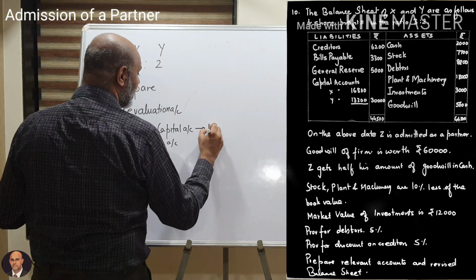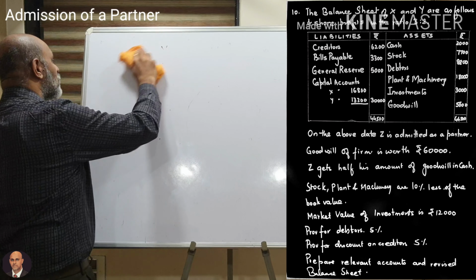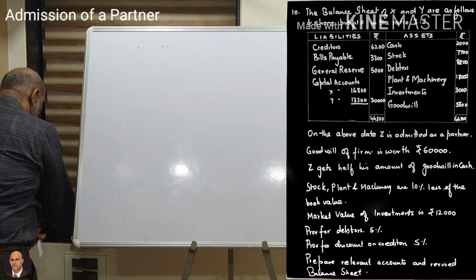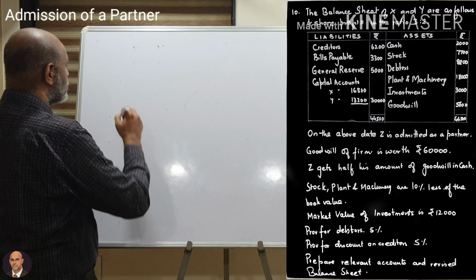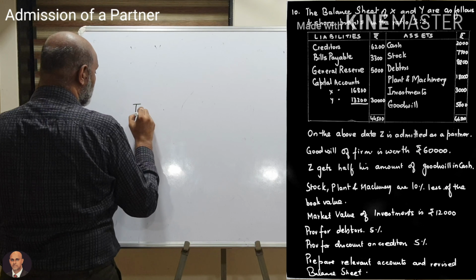Also in the balance sheet, the last item if you see of the assets, you have what is known as goodwill. Now this also has to be distributed amongst the old partners in the old ratio. The amount of goodwill which they have given in the sum is also 5,000 as general reserve. So goodwill will be credit. Since we are distributing it, it had a debit balance.